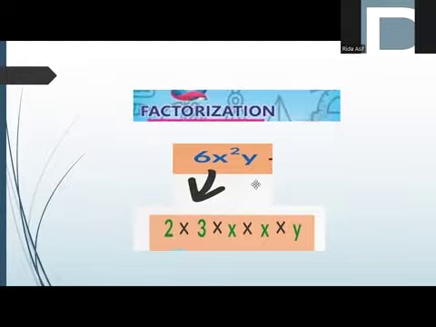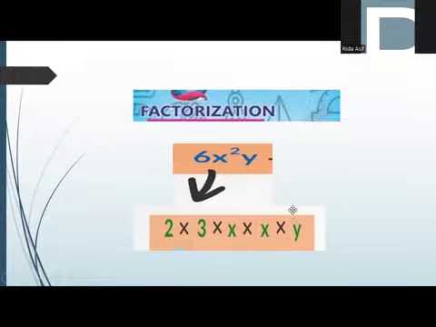we have this monomial expression 6x squared y. If we are going to factorize it, this term will be broken down into 2 into 3, this is 6. x squared is equal to x into x, and then y.